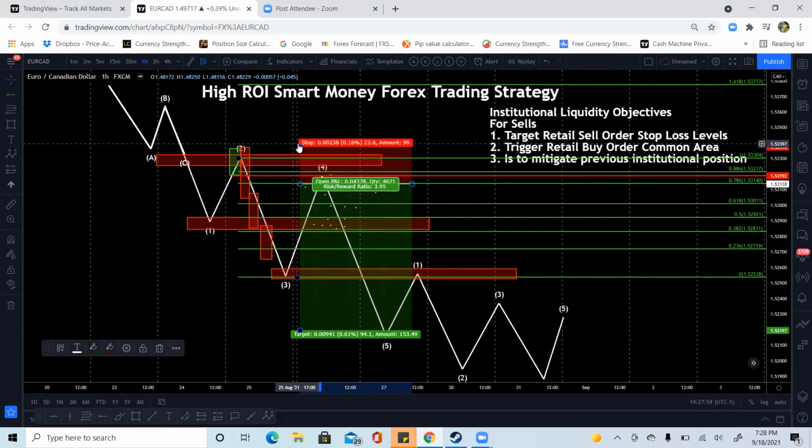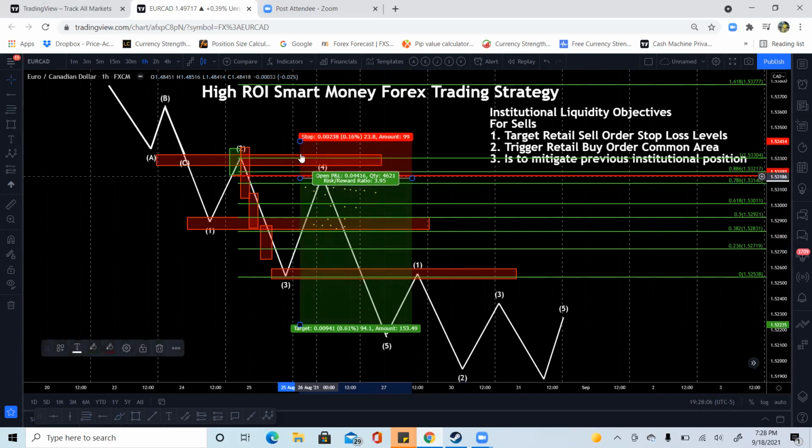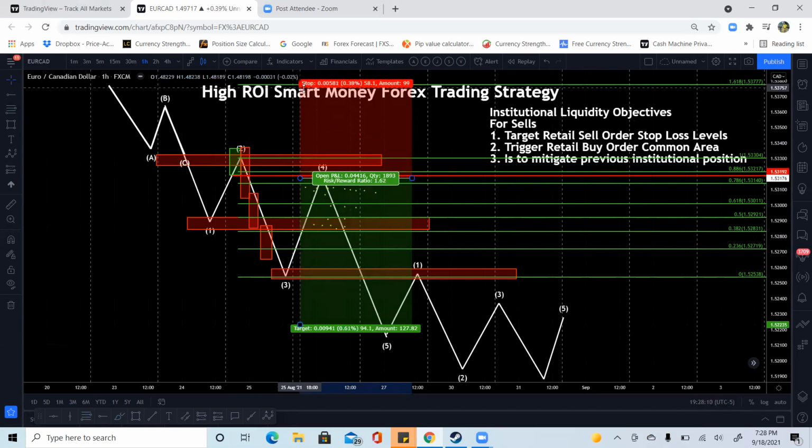So with that in mind, you can lower your stop losses. If you're trading at the open of that institutional candle, instead of having a 60 pip stop loss almost, you have, say, a 20 pip stop loss.